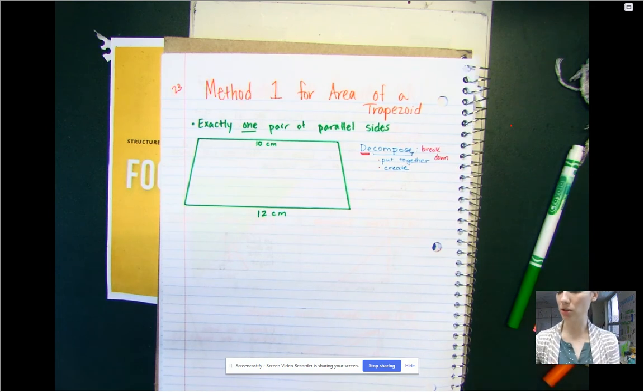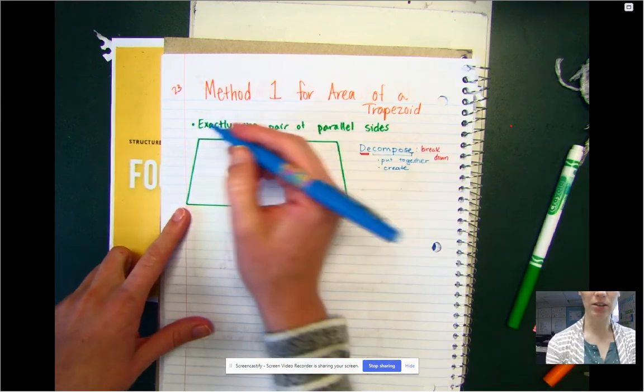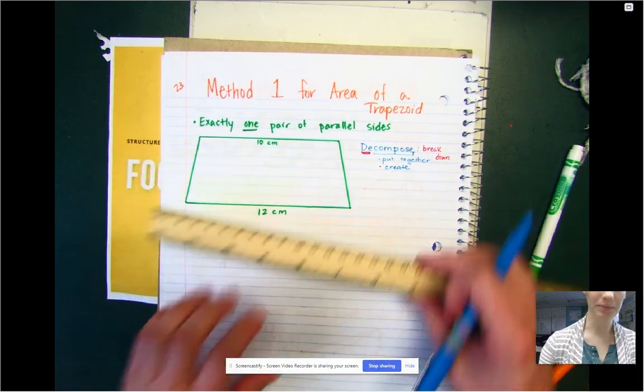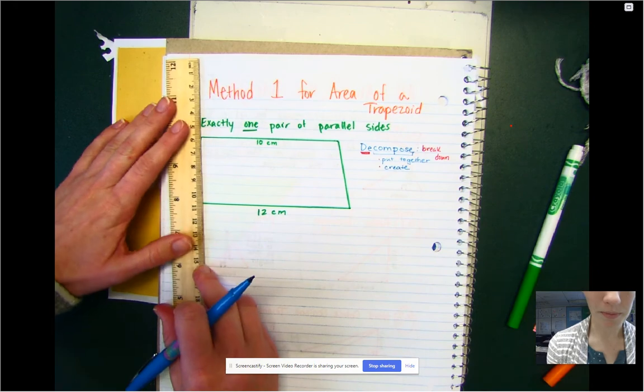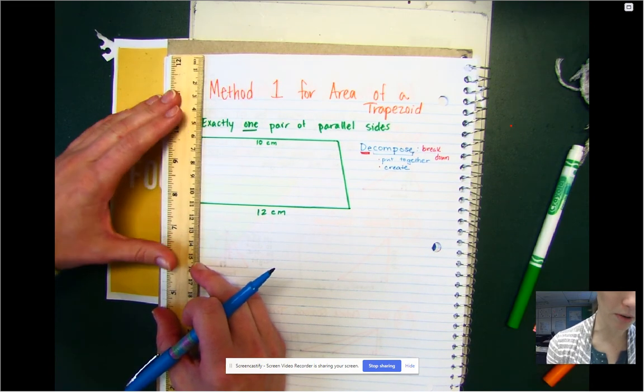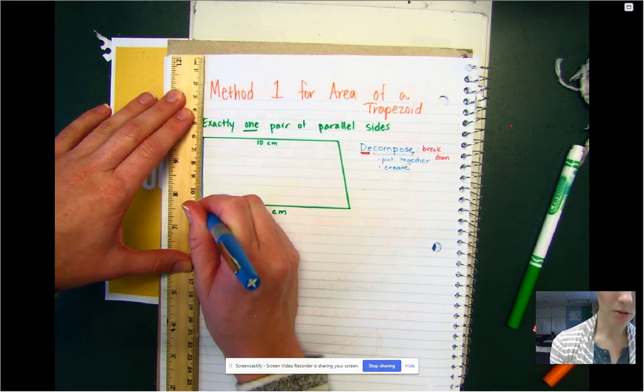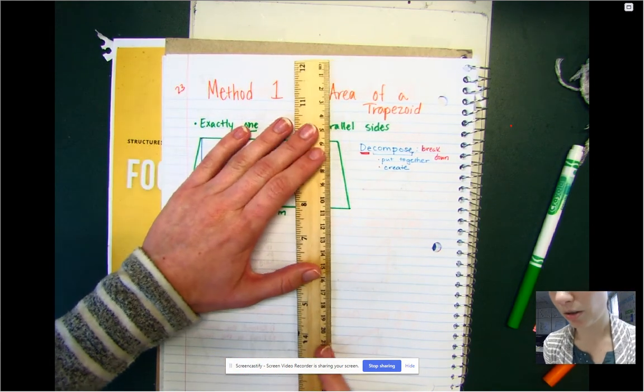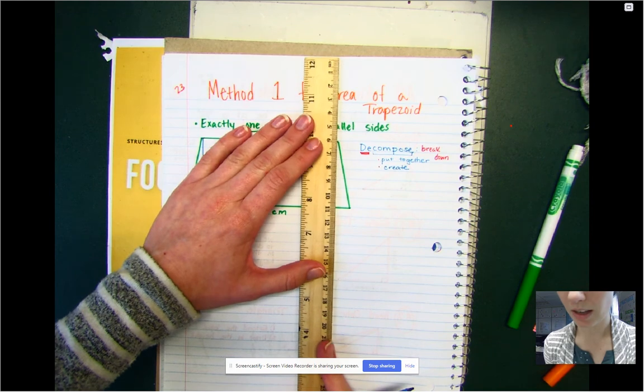So we are going to break this down into a rectangle. I'm going to do my best. Remember that a rectangle is a figure with 4 right angles. So I need to make sure that I draw this here at a right angle.